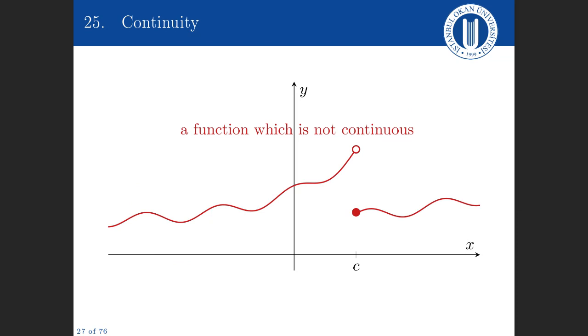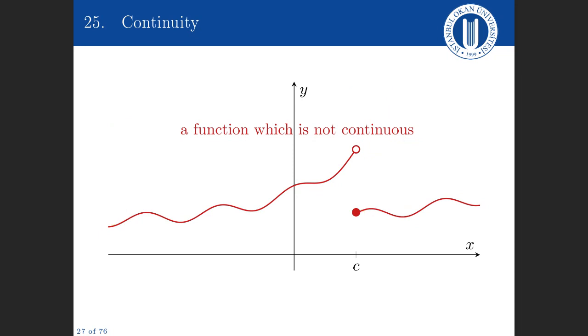But for other functions, we can only draw part of the graph. I can start on the left, put my pen down and draw along. But when I get to c, I'm going to have to lift my pen up and then put it back down onto the paper and then carry on drawing. If we have to lift our pen off the paper when we draw a graph, then the function is not continuous.